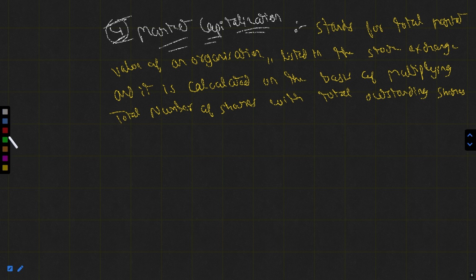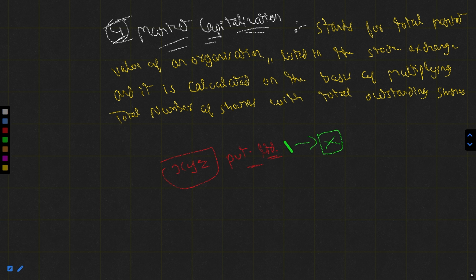All right, so let's try to break it down. Suppose this is an organization XYZ. Always remember, whatever the company is, whose market capitalization we are going to calculate, it must be registered in the stock market. It means that if the company is private limited, then through this method we are not eligible to calculate the market value.